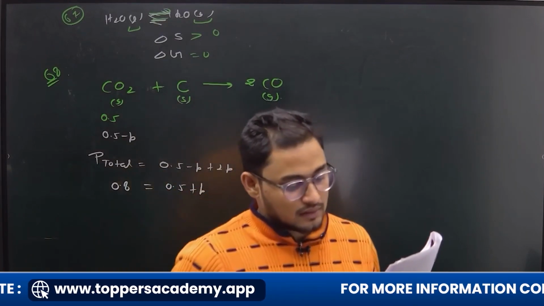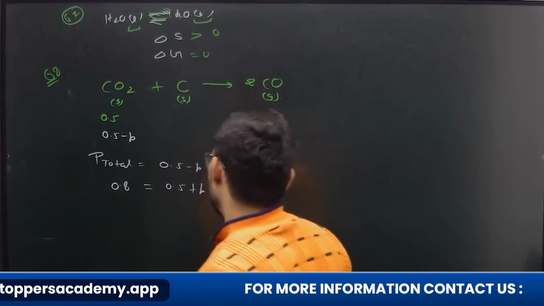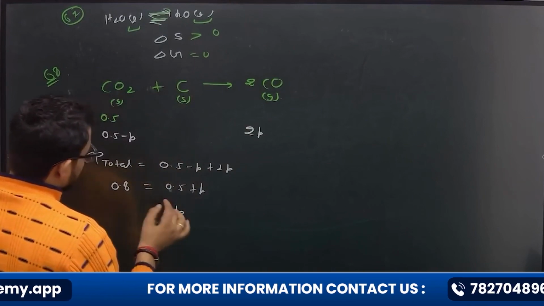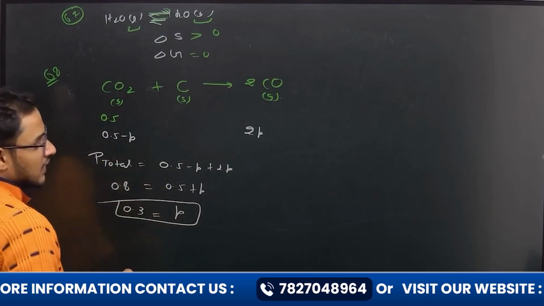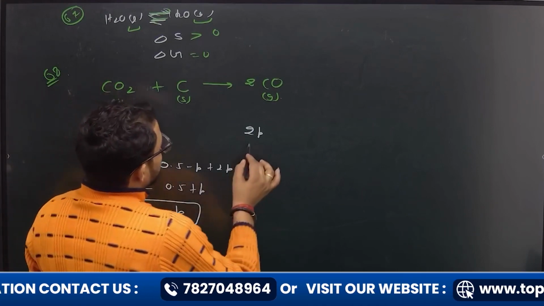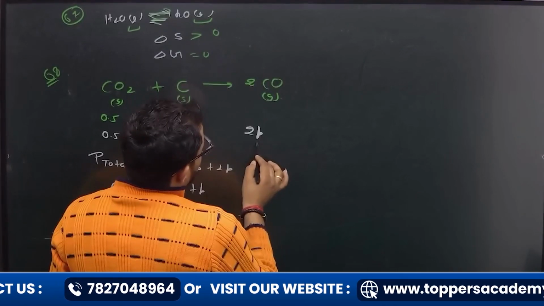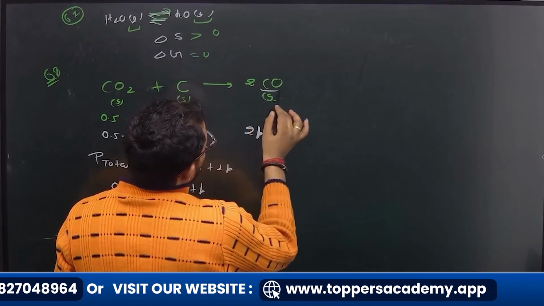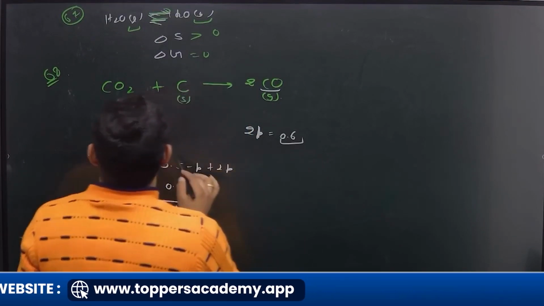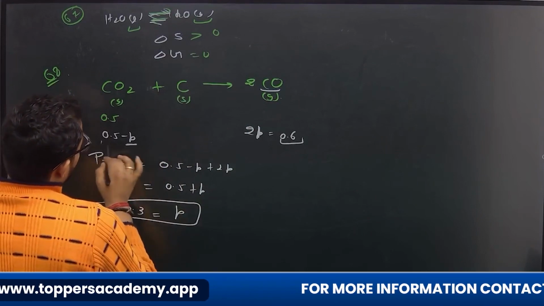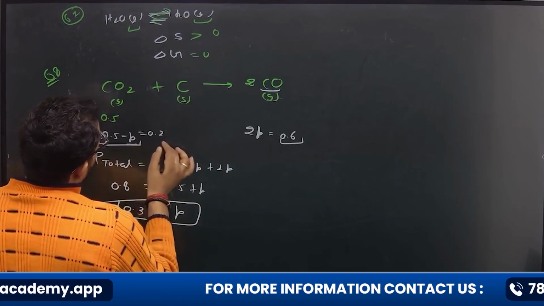So p is equal to 0.8 minus 0.5, which is 0.3 atm. The pressure of CO is 2p, so 2 into 0.3 is 0.6 atm. The pressure of CO2 is 0.5 minus 0.3, which is 0.2 atm.